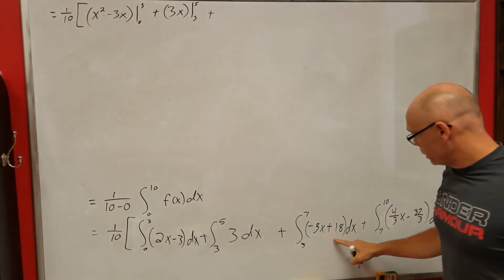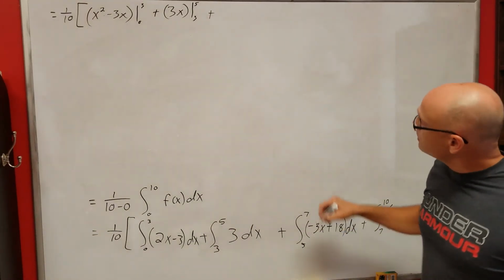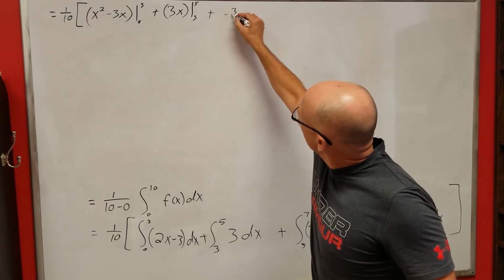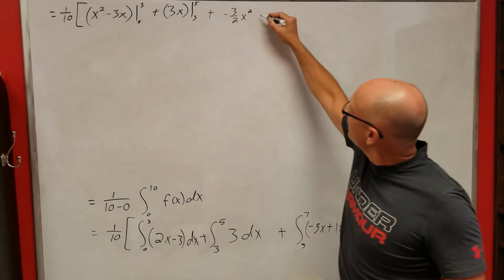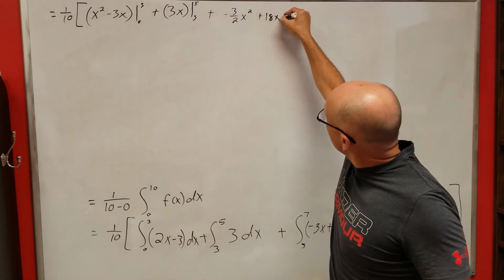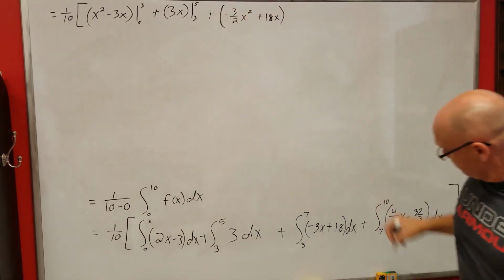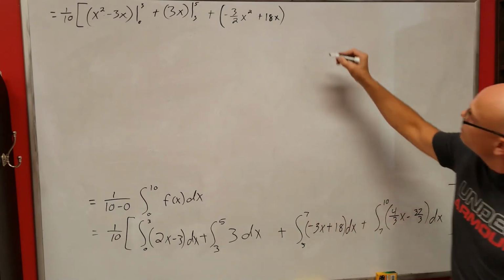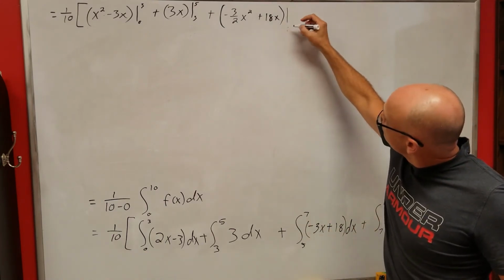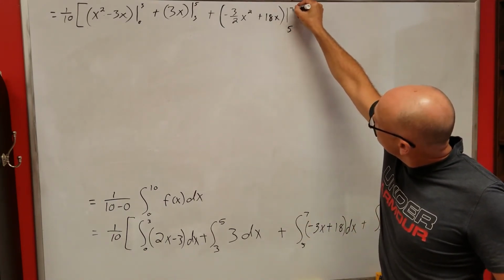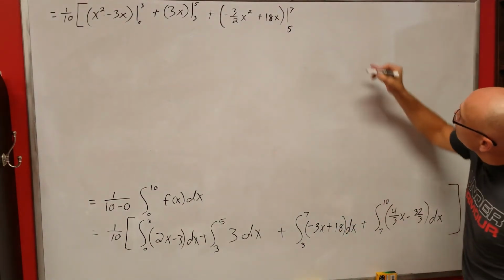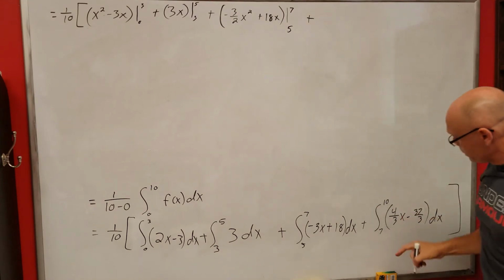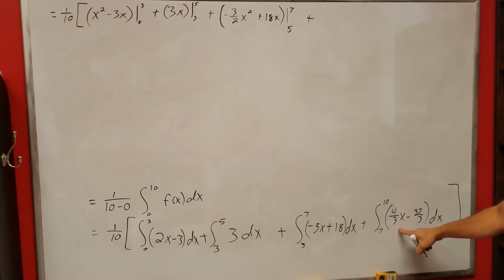Plus, let's integrate this part. So it's negative 3/2 x squared plus 18x, and where are we going from? 5 to 7. From 5 to 7. I don't know what it is about this position right here that makes my marker not want to write. Plus, let's take the integral here.